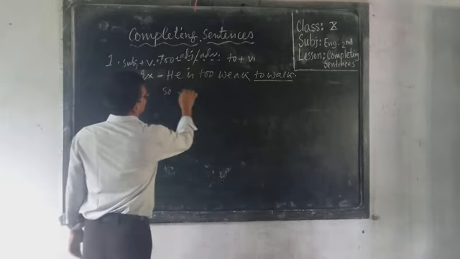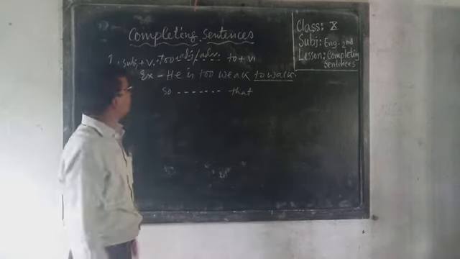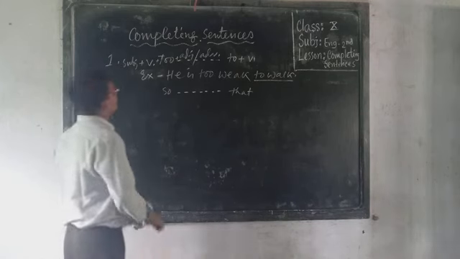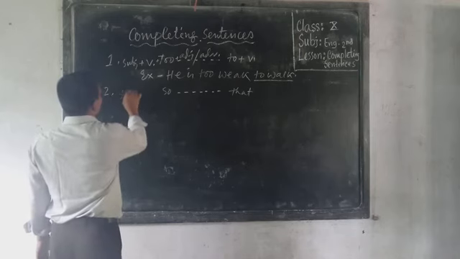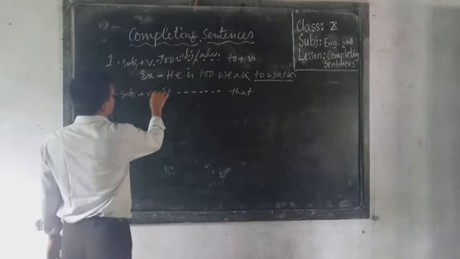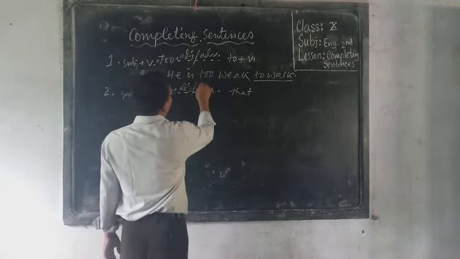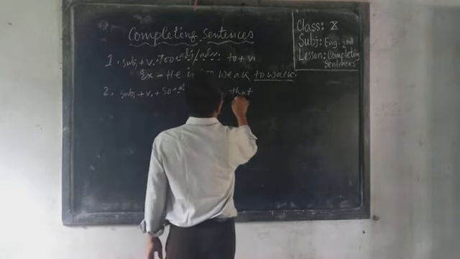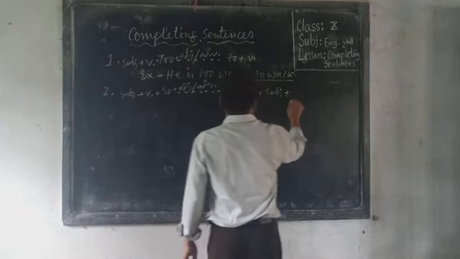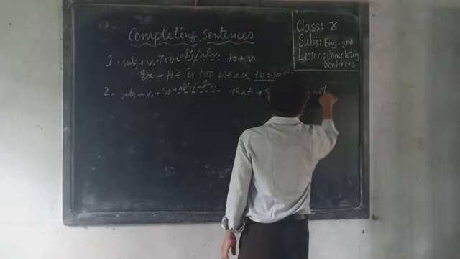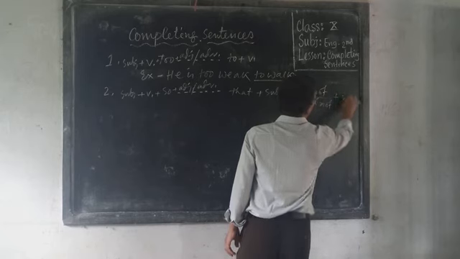So ... that. That's why when you will see this type of structure, we have to put subject plus verb plus "so" plus adjective or adverb plus "that" plus subject plus "cannot" or "could not" plus base verb.